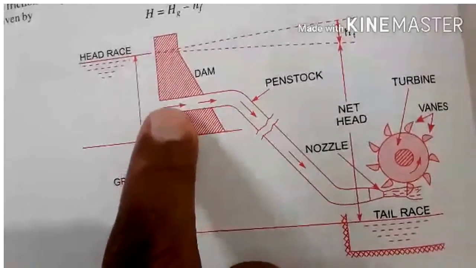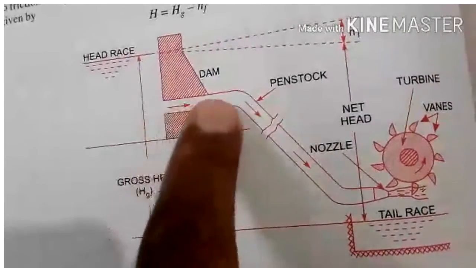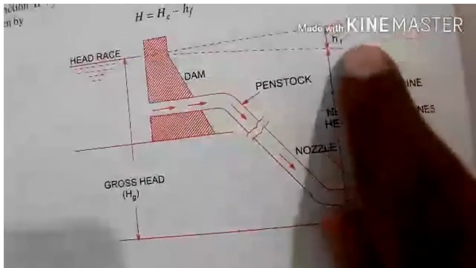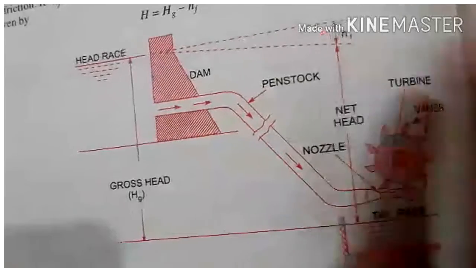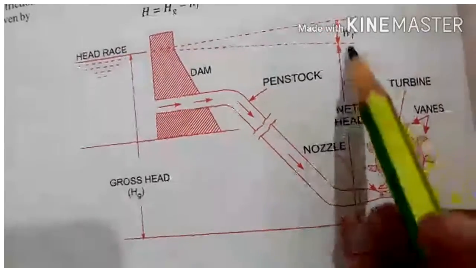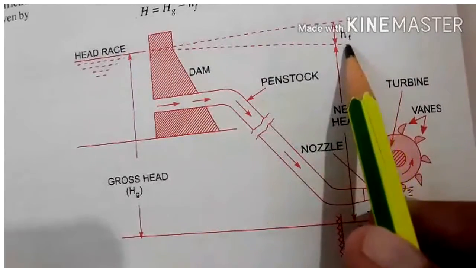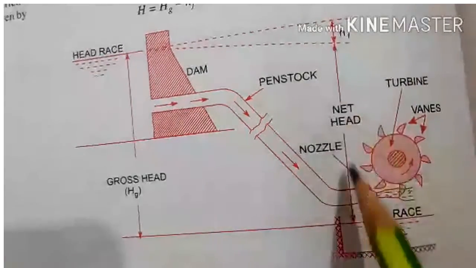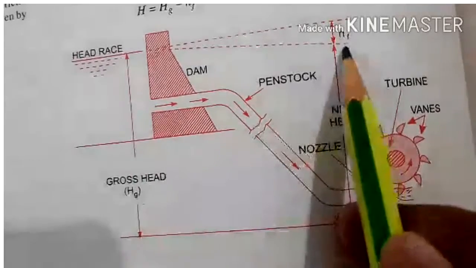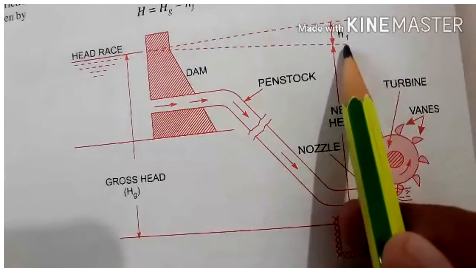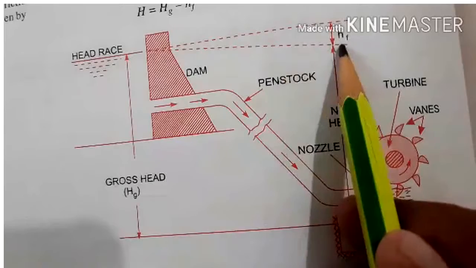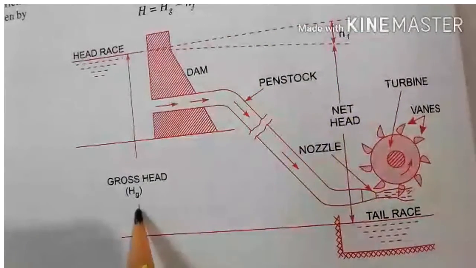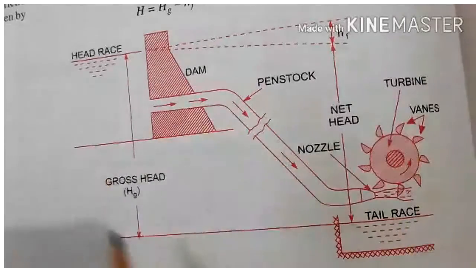As the water starts flowing through the penstock, there will be a loss because of friction in the pipe, that is the friction loss HF. Then the net head available at the inlet of the turbine will be Hg minus HF. How much this HF is to be taken is given in the problem: the loss due to friction will be 1/3 of the gross head. I hope you understood this.